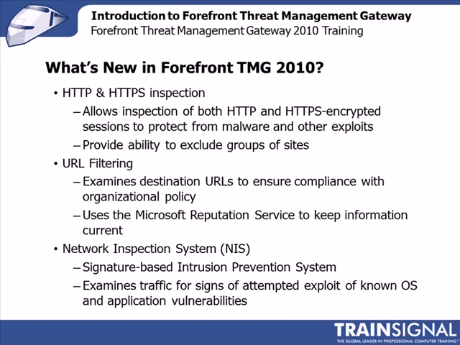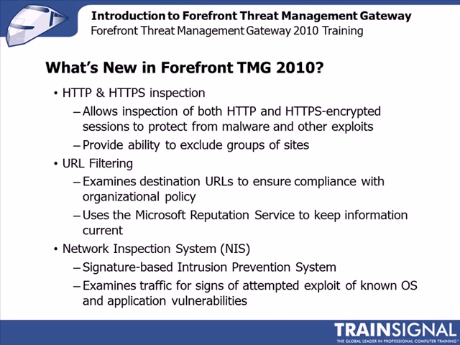First of all, we have HTTP and HTTPS inspection. This allows deep inspection of HTTP and encrypted HTTP, or HTTPS, sessions to protect users from malware and other exploits that are carried over these extremely commonly used protocols. Just about everything your users do out on the internet is HTTP or HTTPS based.